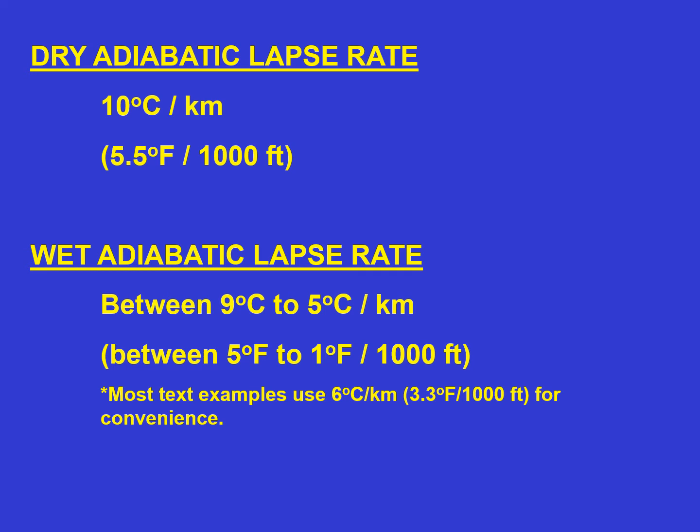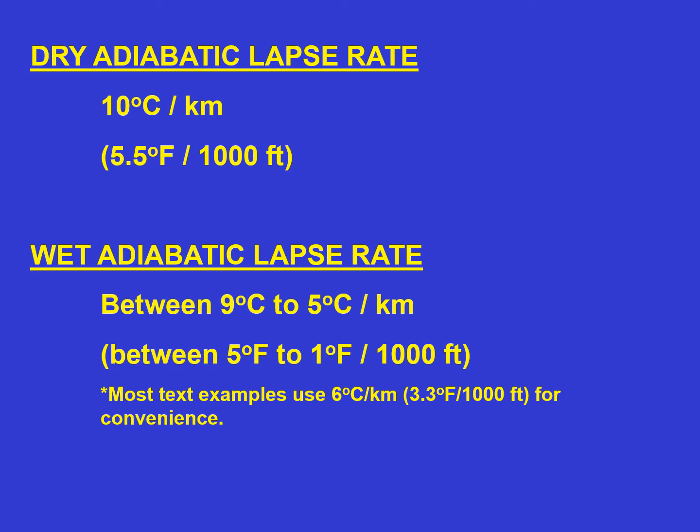All right, so the dry adiabatic rate, and we'll go ahead and keep it in Fahrenheit: if the air is dry and you haven't hit the lifting condensation level yet, every 1,000 feet of increase, it's going to cool by 5.5 degrees Fahrenheit. But once you hit the lifting condensation level and condensation is occurring, releasing latent heat, then that lapse rate is going to lower.